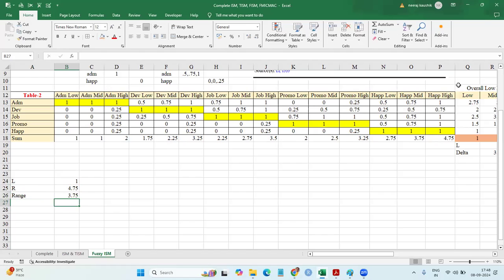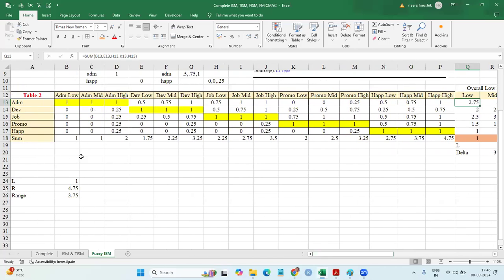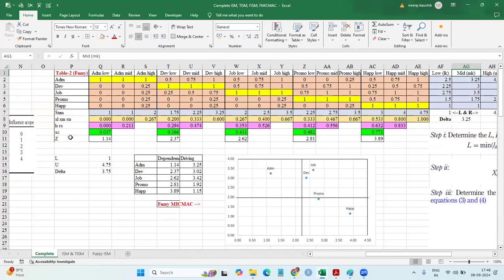And now we'll go with the same part, the rescaling part. We have not gone for this part. Yes, sum. Where is the sum I have taken? I'm a little confused. So this is the sum I have taken. From the sum, now we have to go for the rescaling. That is XL, etc. Probably I'm on the right track.